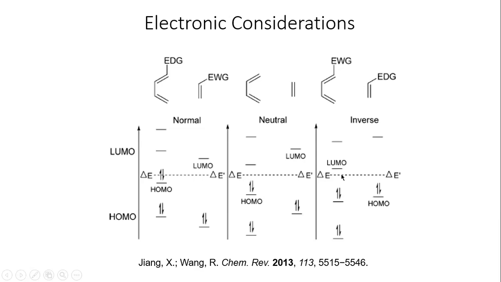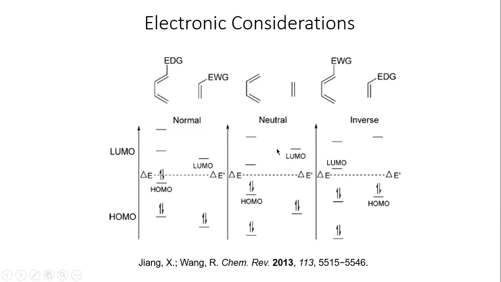And you can see that that's a bigger gap. So with the inverse demand, there may be more of a necessity of some type of catalyst, like a Lewis acid or a Lewis base, or some type of catalyst that's going to decrease that HOMO-LUMO distance. And then you can see here under neutral conditions, there's also a significant energy gap between those.